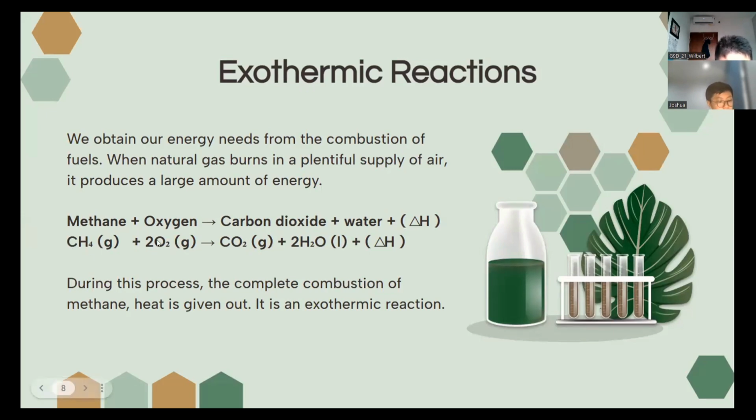CH4 + 2O2 = CO2 + 2H2O + ΔH. During the exothermic reaction process, in the complete combustion of methane, heat is given out. So it is an exothermic reaction.